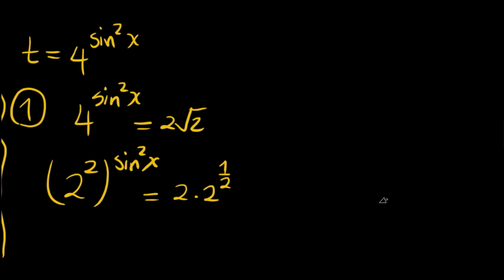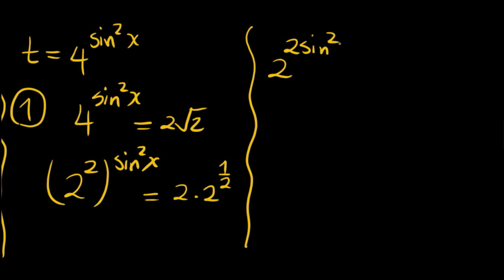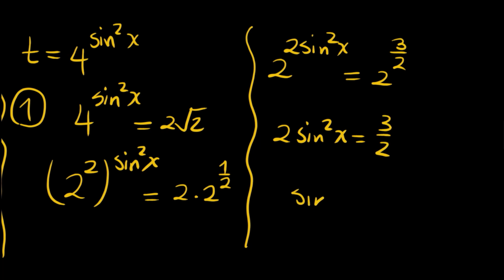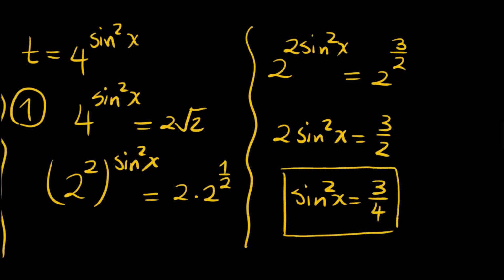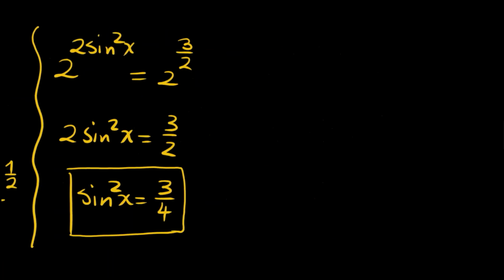So we have 2 to the power 2 sine squared x is equal to 2 to the power 1 plus 1/2, which is 3/2. So 2 times sine squared is equal to 3/2, and sine squared x is equal to 3/4. Let me show you the solutions from this part.